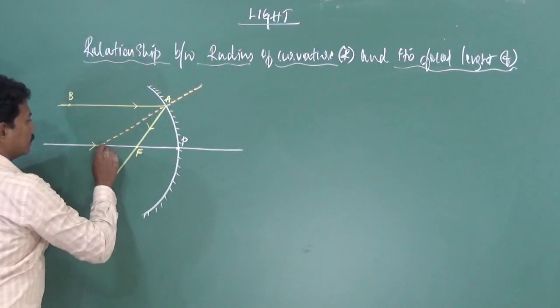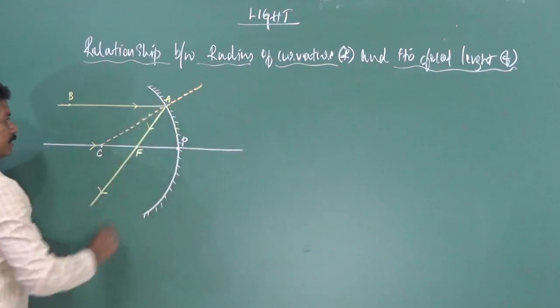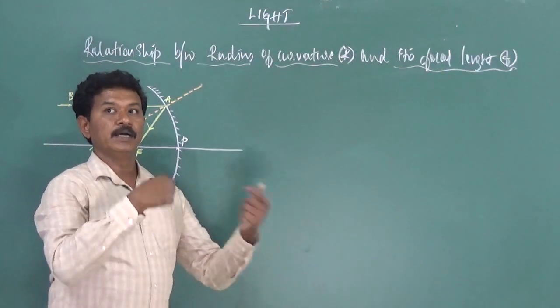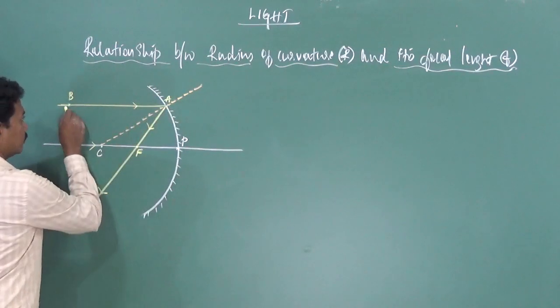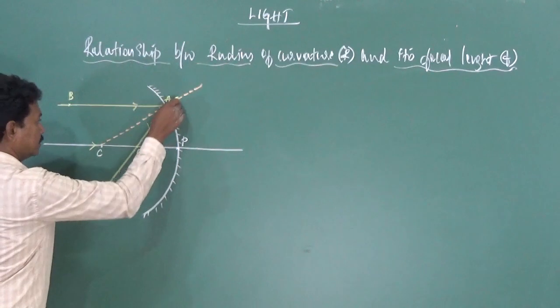Now I have drawn the normal. This is called the point of incidence. You should remember the laws of reflection and apply them. BA is the incident light ray, and this is the normal.